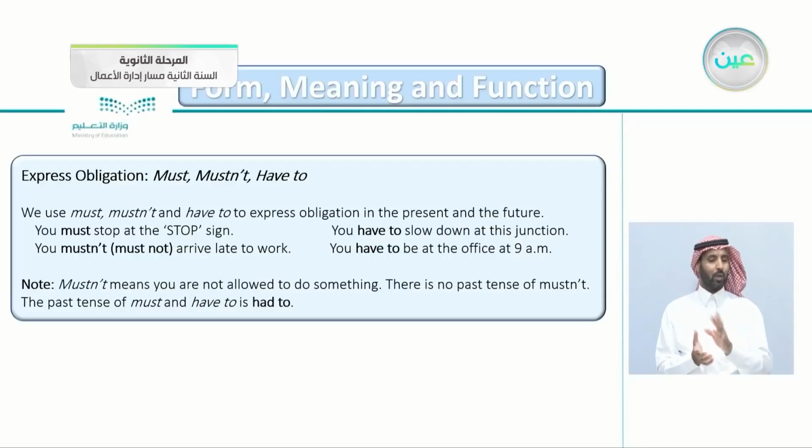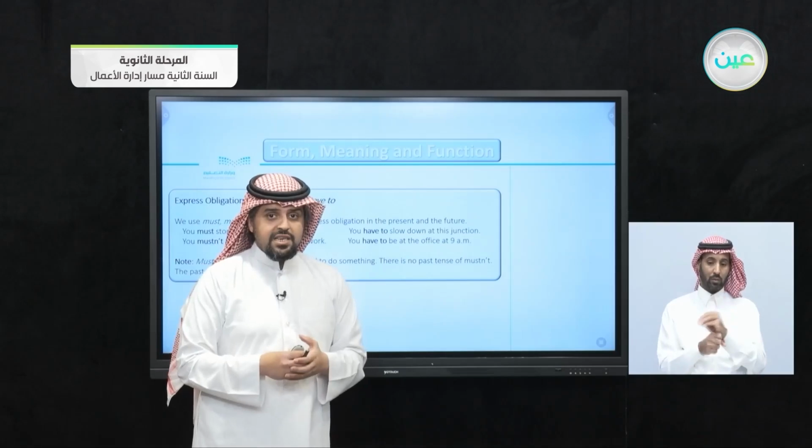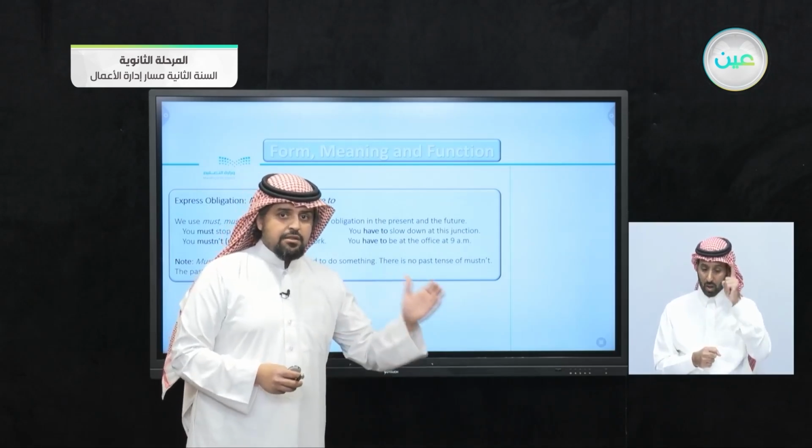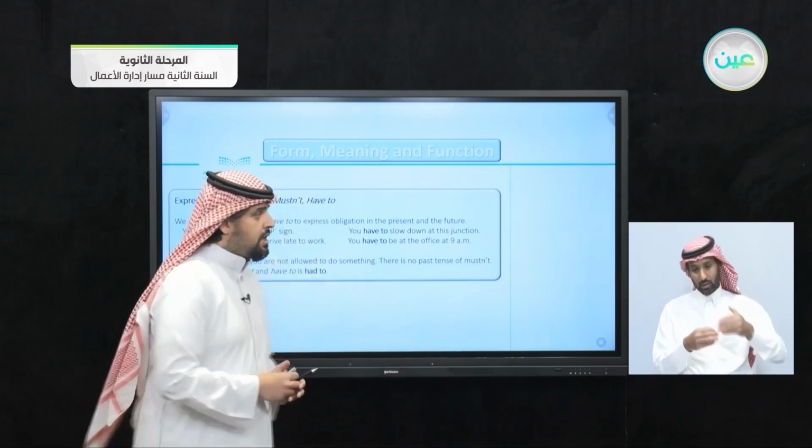So how do we express obligations? Using must or mustn't, or of course have to. We use must or mustn't and have to express obligation in the present and the future, not the past.